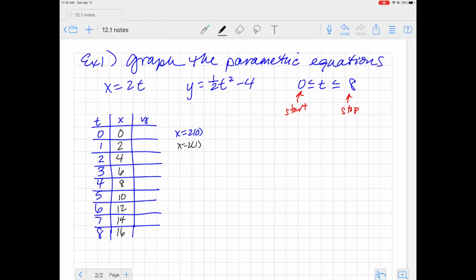Now, if I have y is equal to 1/2 times 0 squared minus 4, so y is equal to negative 4. y is equal to 1/2 times 1 squared minus 4. I'm sorry, 1. I'm plugging in t. We're not plugging in x, we're plugging in t.